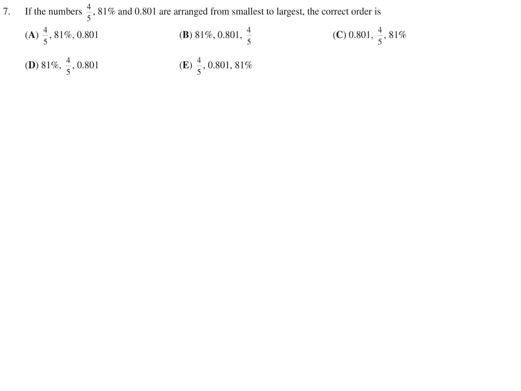If the numbers 4 over 5, 81%, and 0.801 are arranged from smallest to largest, the correct order is. All right, to make a comparison, let's make them all in the same format, which is decimal format. So 4 over 5 in decimals is 0.8.